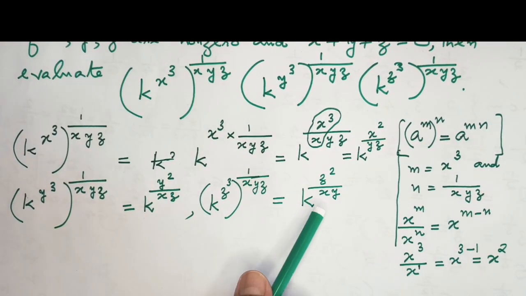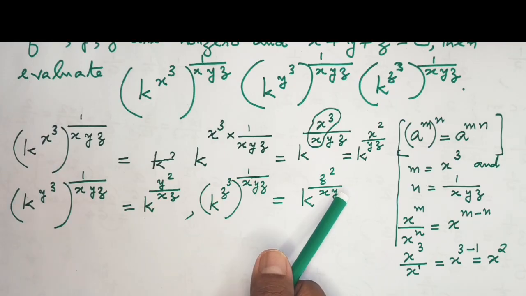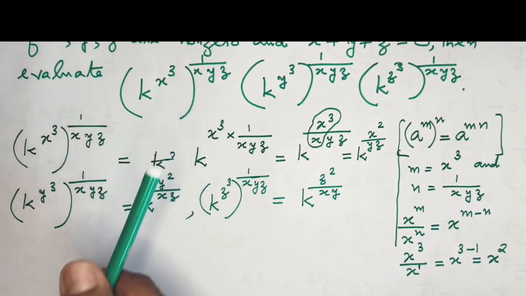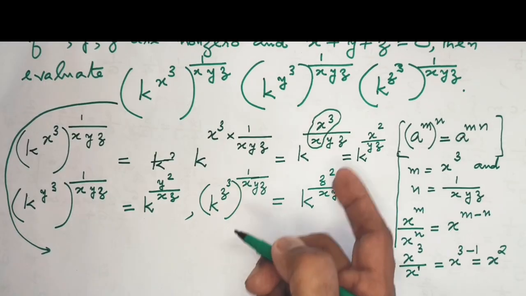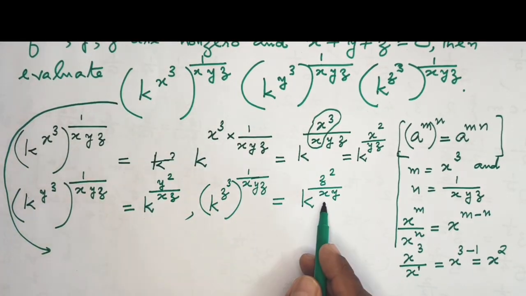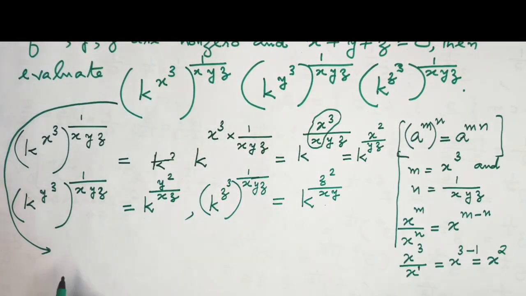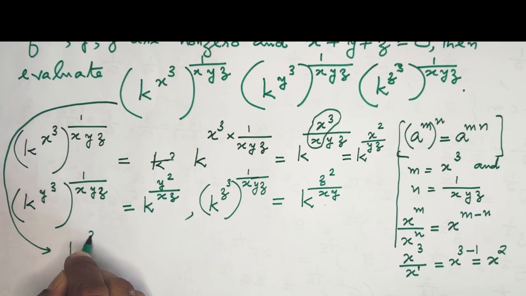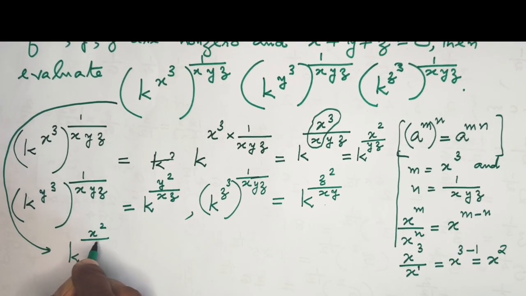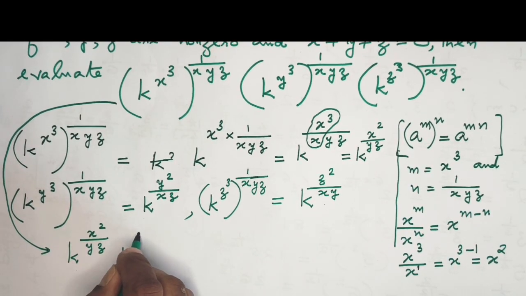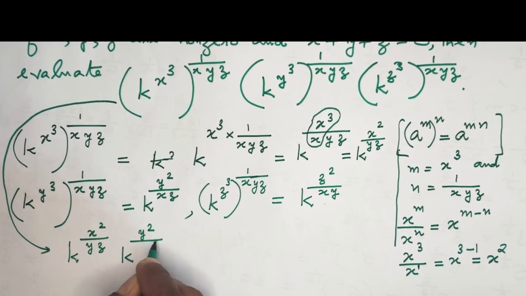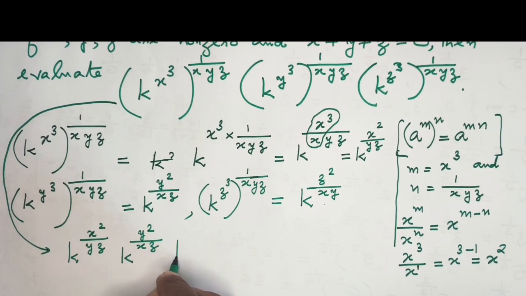Now let me substitute these simplified forms in the given algebraic expression. So let me rewrite the given expression using the simplified forms, instead of these three terms. And you will have k to the power of, the first term is x squared by yz. Second term is y squared by xz.